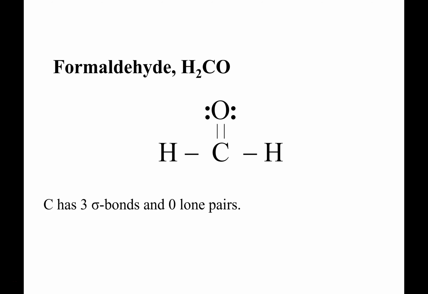Gabe, what would be the orbital hybridization? SP2. It would be SP2. I'm liking it. So, RJ, what would be the electron pair geometry? Yeah, trigonal planar.